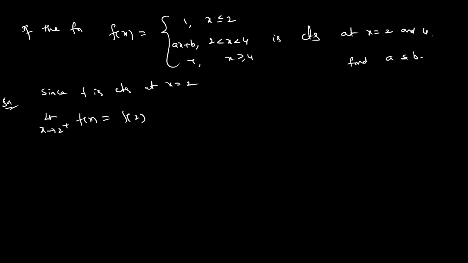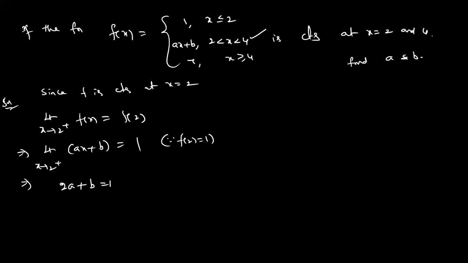That is the definition. 2 plus means the second function, that means ax plus b is equal to f of 2, which is directly 1. Since f of 2 is given as 1, put x equal to 2: 2a plus b is equal to 1.